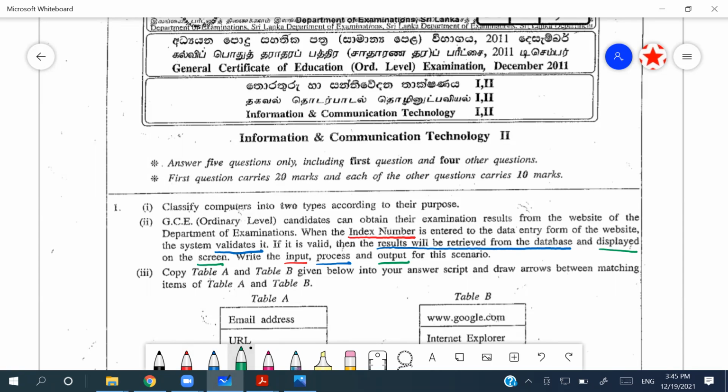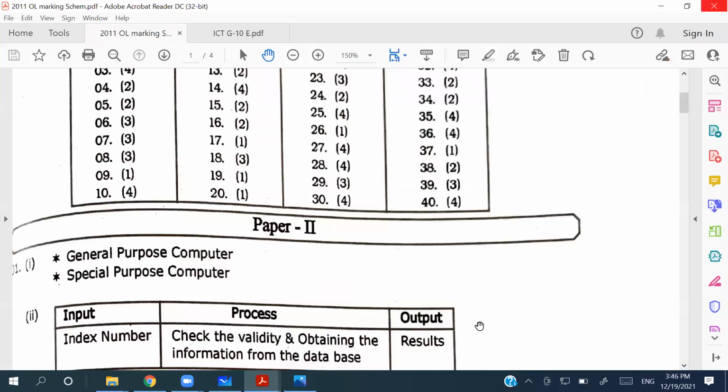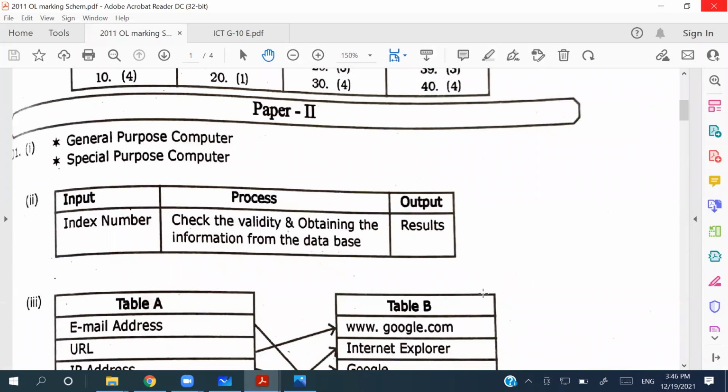So whatever it is displaying on the screen. Let's see how they have gone with this. Input is the index number, process is check the validity and obtain the information from the database. Output is the result. If you got it all correct, you can have 2 marks. You don't need to have the exact same explanation, but index number should be mentioned as an input. So then the process and the output.